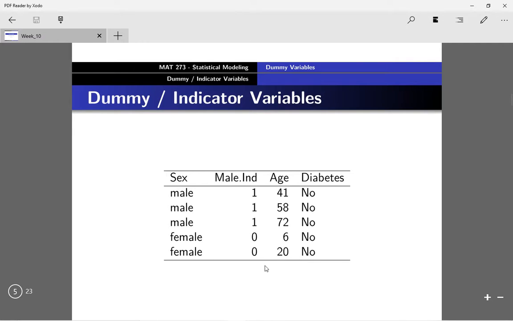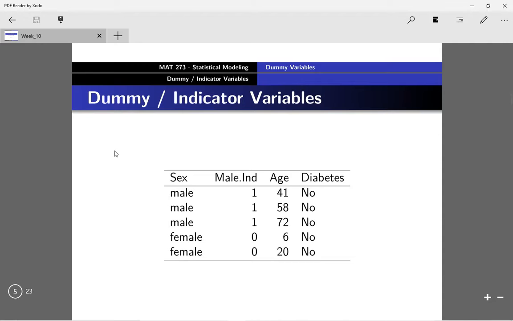So in order to do the math behind fitting the predictive models, we need everything as numbers. So this is how it codes these categorical columns into something that we can work with. And similarly, it'll do something with diabetes underneath as well. So for example, there's going to be a diabetes indicator column, and this would be all zeros here, looking at this.